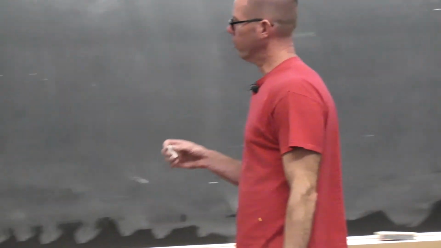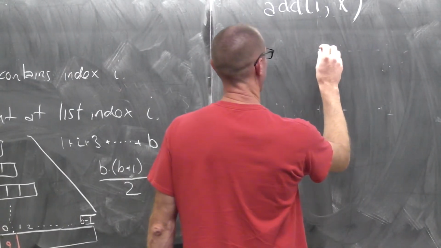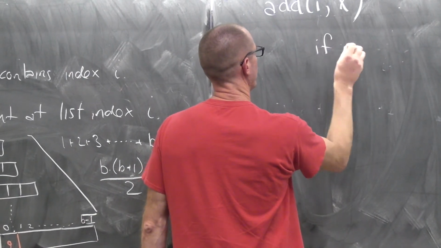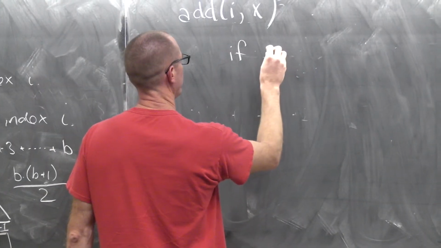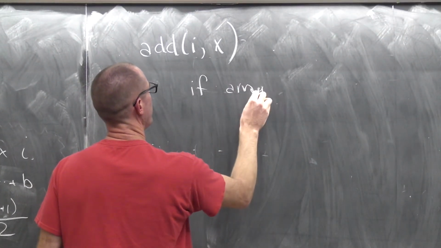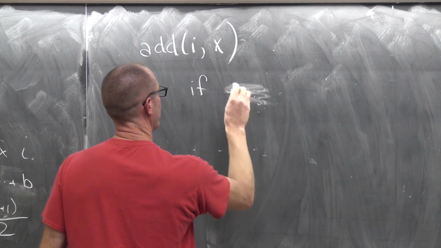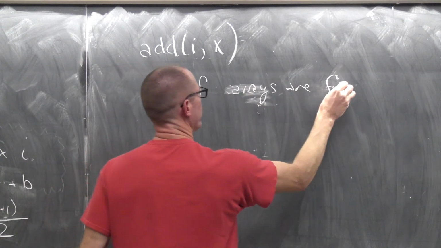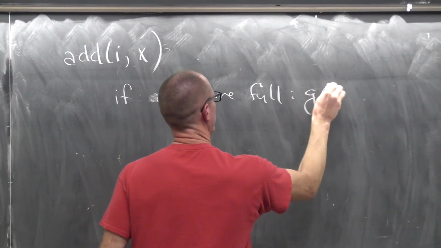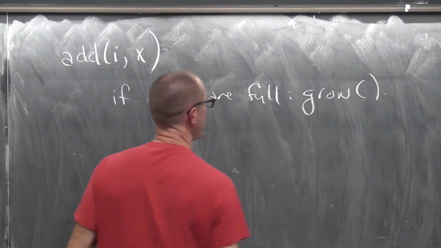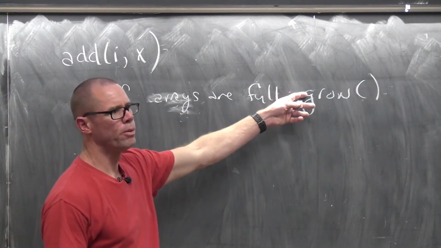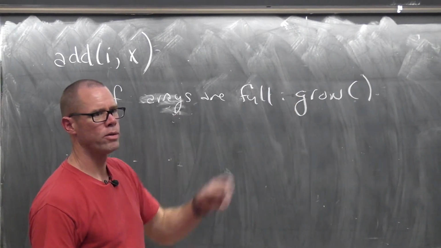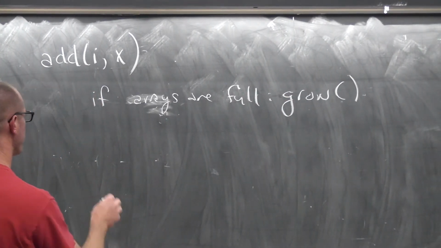So, and this is really sloppy, if arrays are full, you grow. And notice that growing is actually quite a bit simpler than in an array stack. You don't copy anything. You just create a new array at the end.